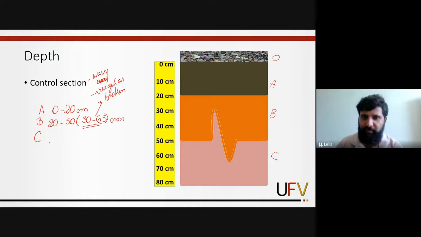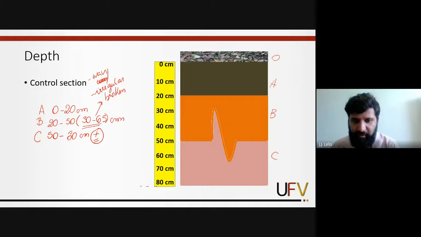And the C transitional, it starts at 50 and ends at 80, but I need to put this note, the plus symbol, because I stopped digging here. So I don't know what is here. I can find rock, I can find another C horizon, I can also find a buried material or a buried horizon.